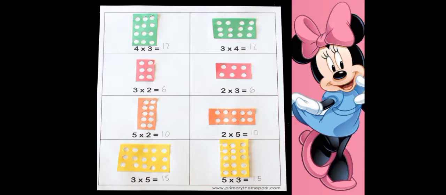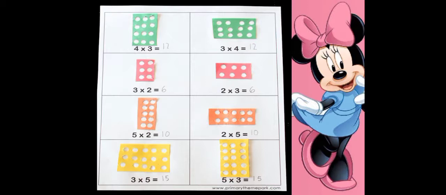So 3 rows multiplied by 2 columns is equal to 6. And vice versa, 2 rows multiplied by 3 columns is also equal to 6.